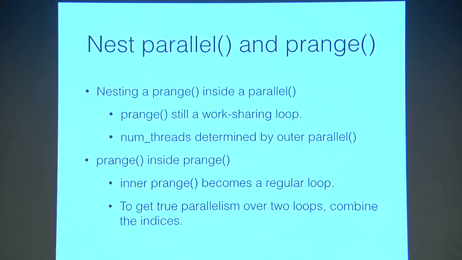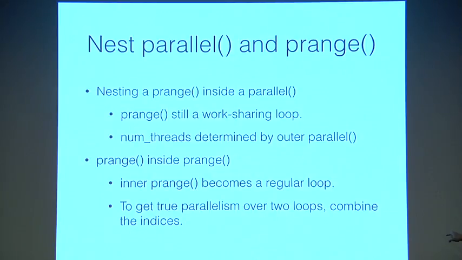It's going to be whatever threads you declared or whatever it defaulted to on the outside parallel. This is very useful though still because you can set up, for example, unshared buffers, or you can have a parallel block of code to set up some sort of work that you're going to need for the loops, and then do the loops. And you get that ability to set up for each thread some sort of private buffer or private variables to use within the loop.